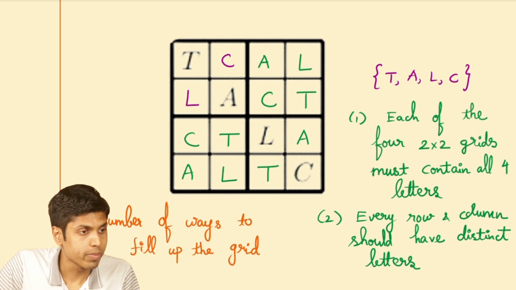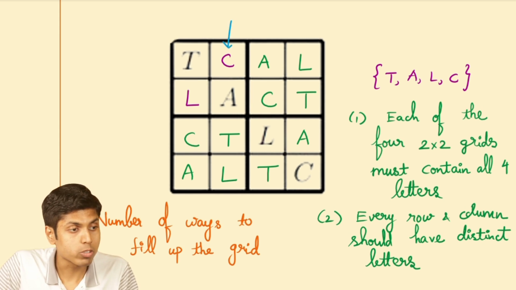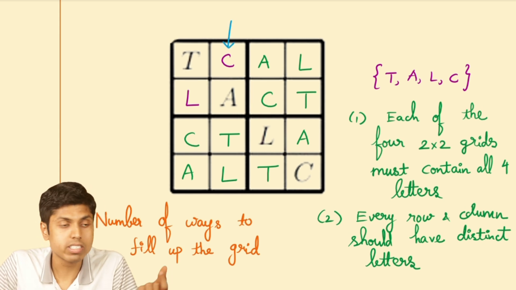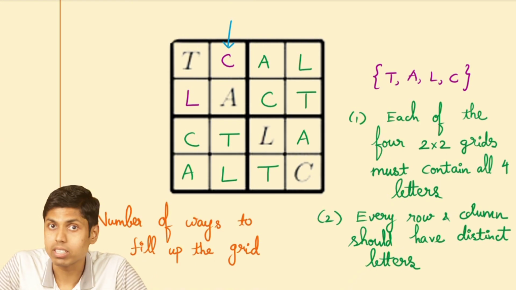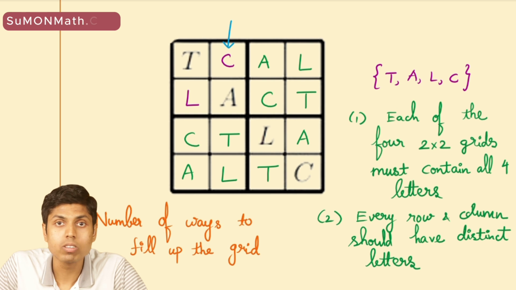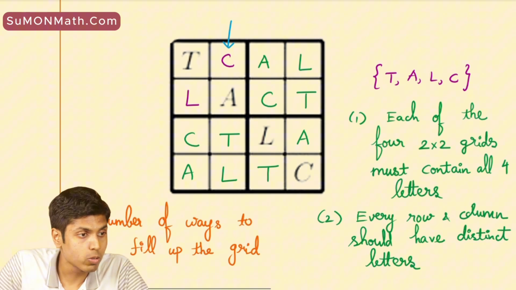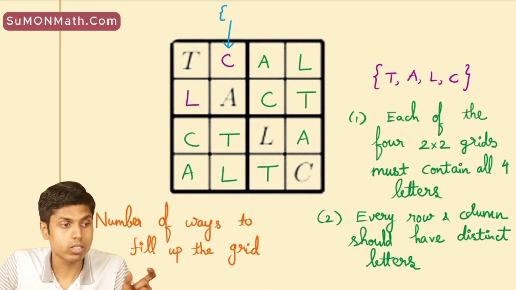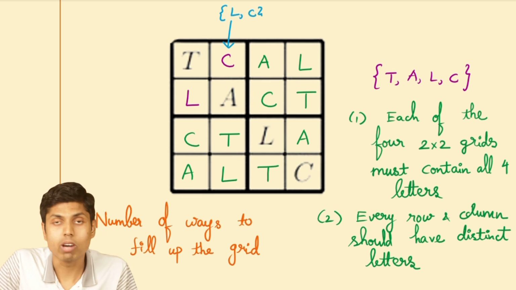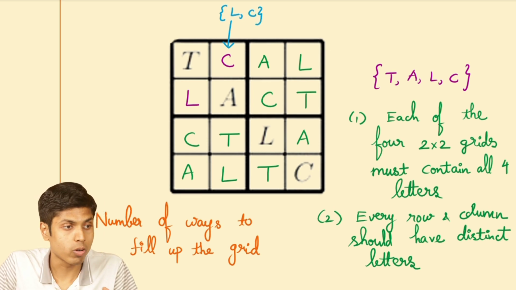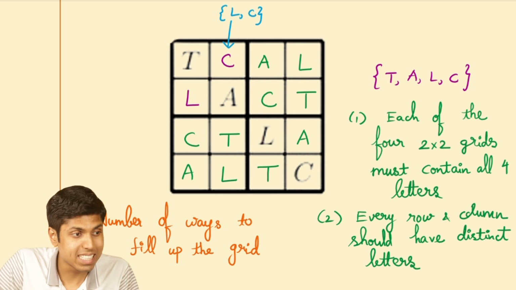So, the number of possible ways to fill up the grid is just the number of ways to fill up that first cell we started with, because it determines the entries in all of the cells. The entries for the first row second column cell are L and C. So the number of ways to fill up the 4 cross 4 grid is just 2.